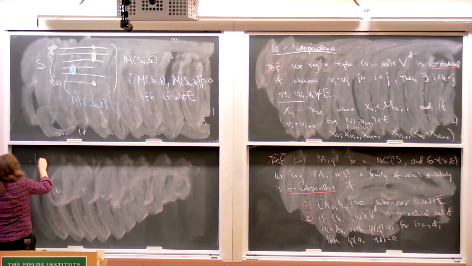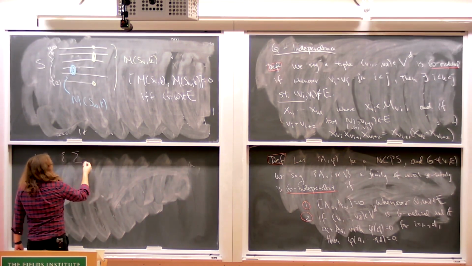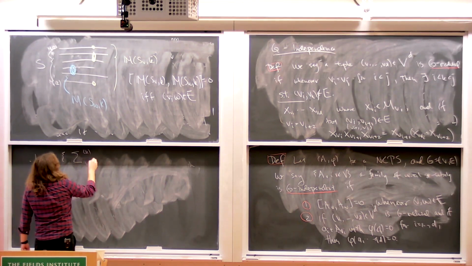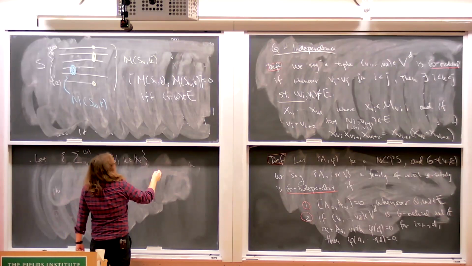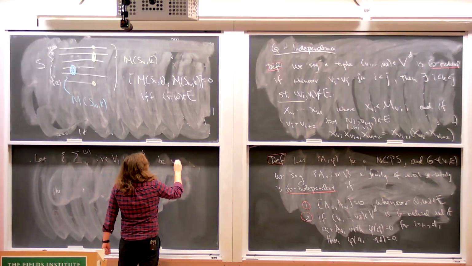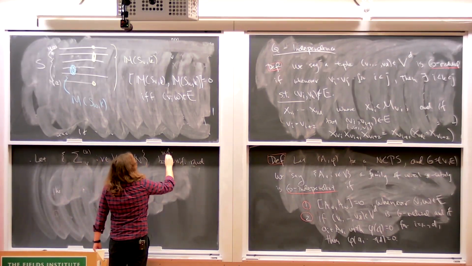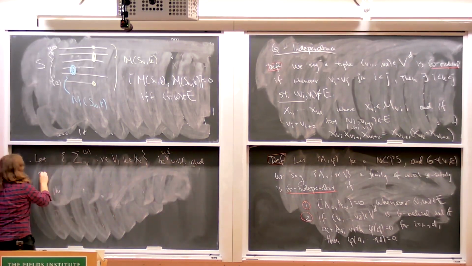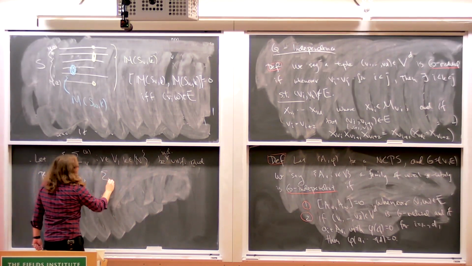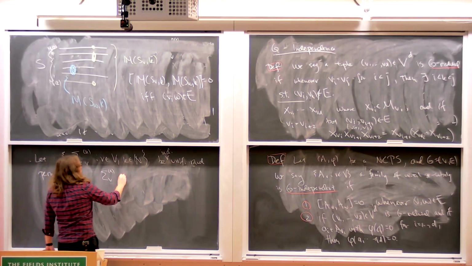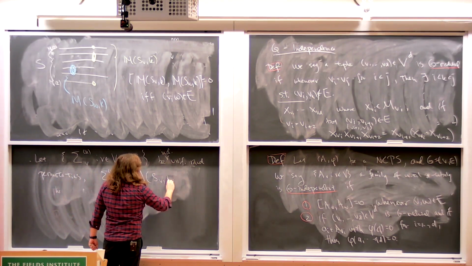So let me now fix a bunch of random permutations. I'll call them sigma_{V,k}, be independent, uniformly random permutations, where I want each one of these to take values in this associated algebra, S_{V,k}.